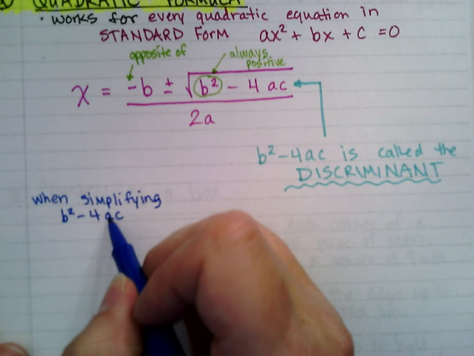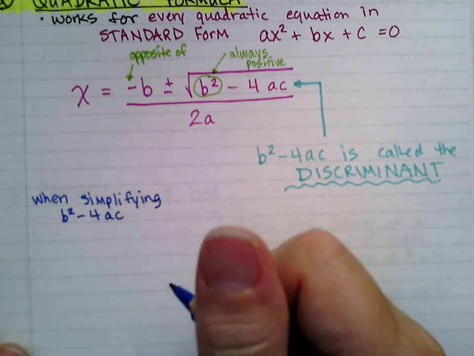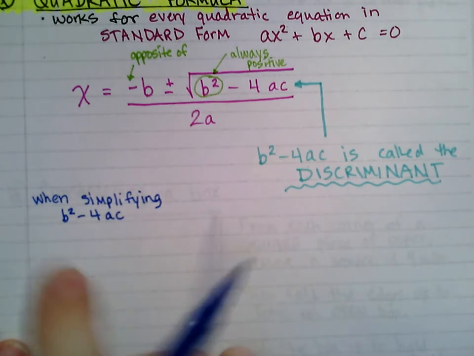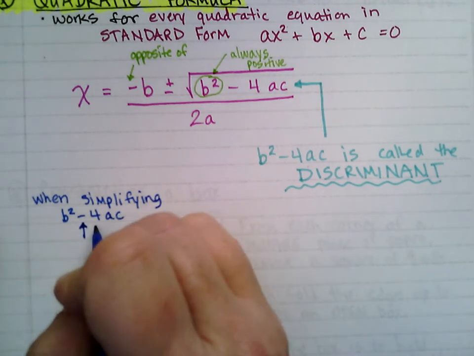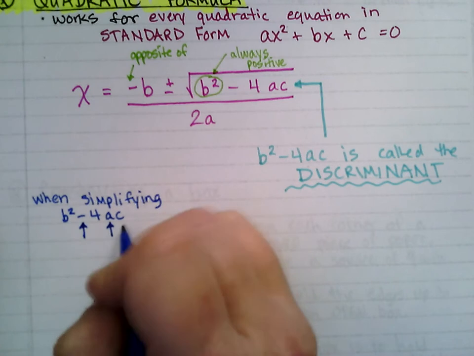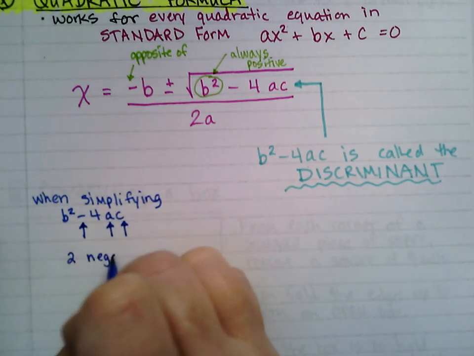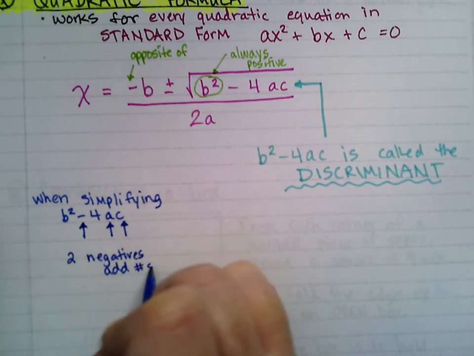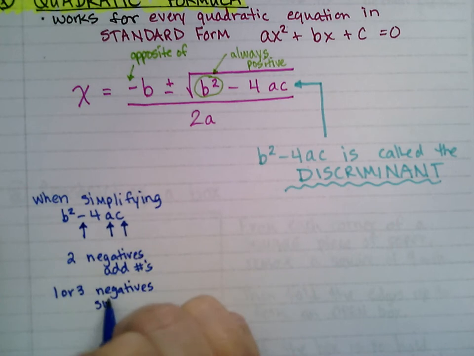If you have two negatives among the negative 4, a, and c, you're going to be adding those two numbers. But if you have one or three negatives, you're going to be subtracting. So in these three spaces, you've got negative 4, you've got a, and you've got c. If there are two negatives, you're going to add your numbers. If there are one or three negatives, you're going to subtract your numbers.